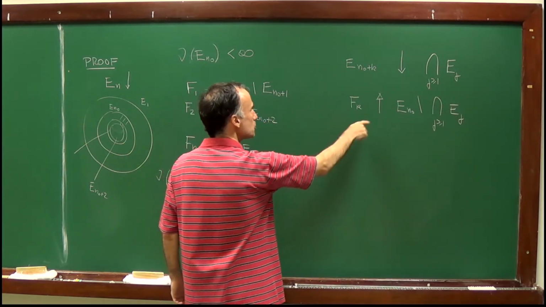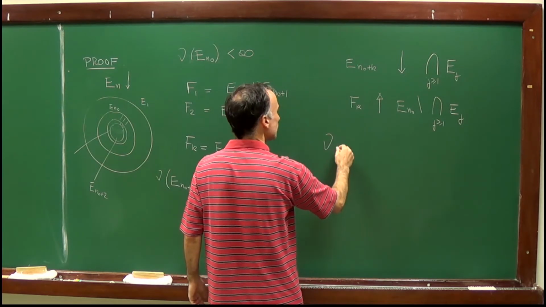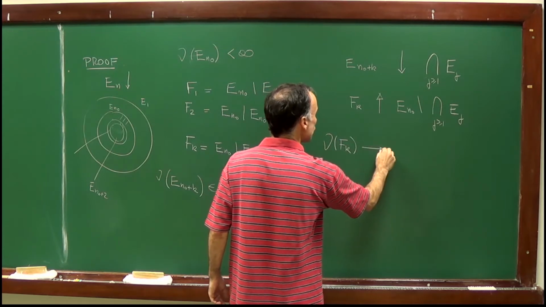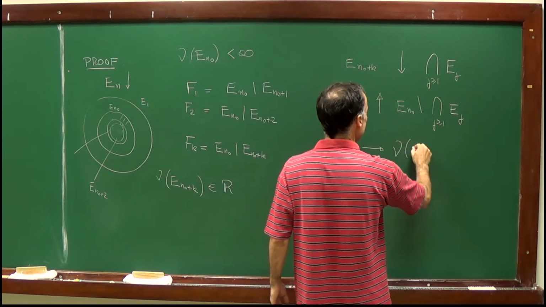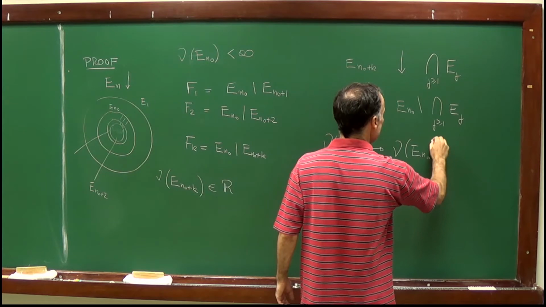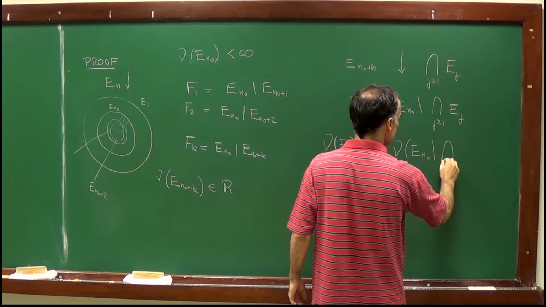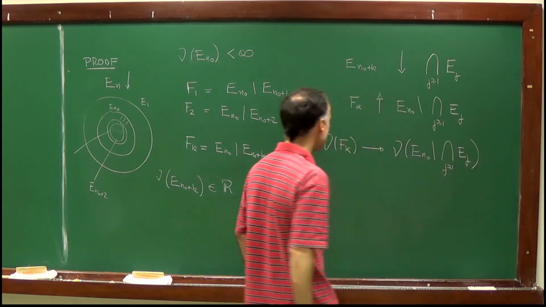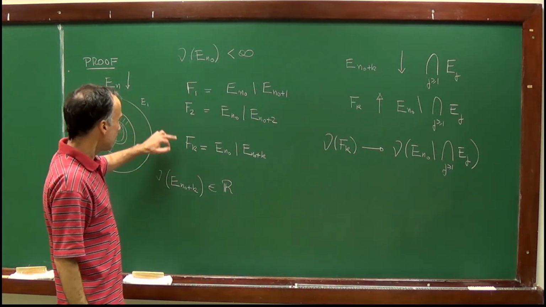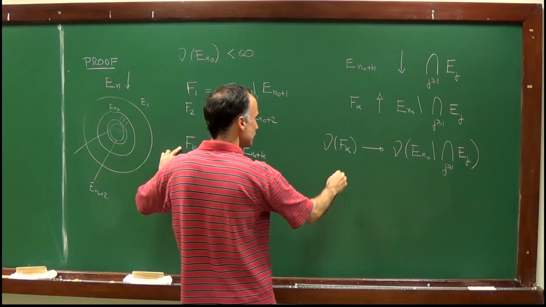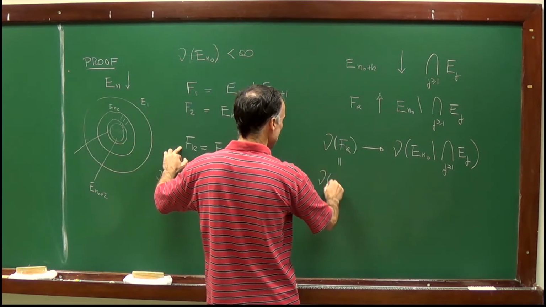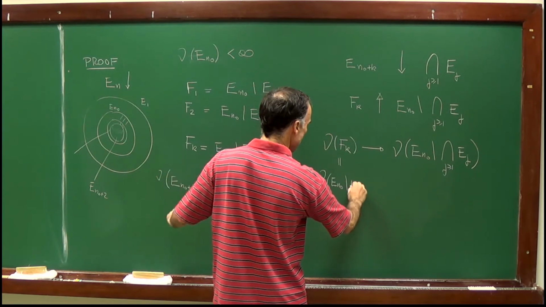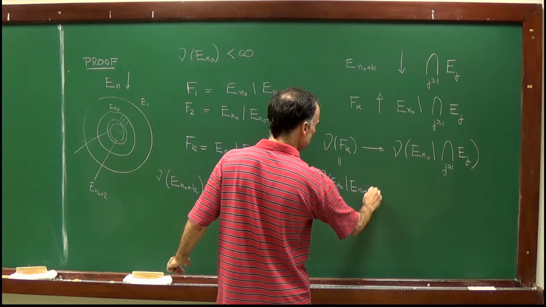So by the first part of the lemma, nu of Fk is converging to nu of En0 minus the intersection. But nu of Fk is nu of En0 minus En0 plus k.